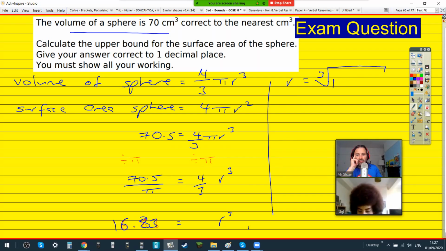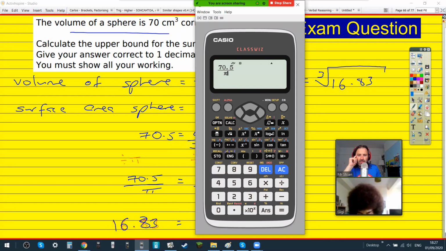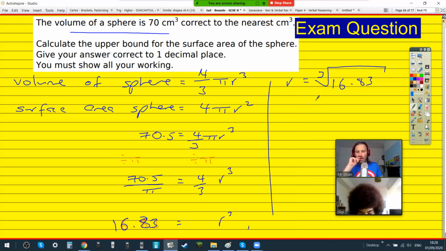How would you do a cube root on your calculator? It might be shift square root, is it? 2.56. And so one decimal place. Oh, sorry. What would it be to 3 decimal places? 2.562. Okay.